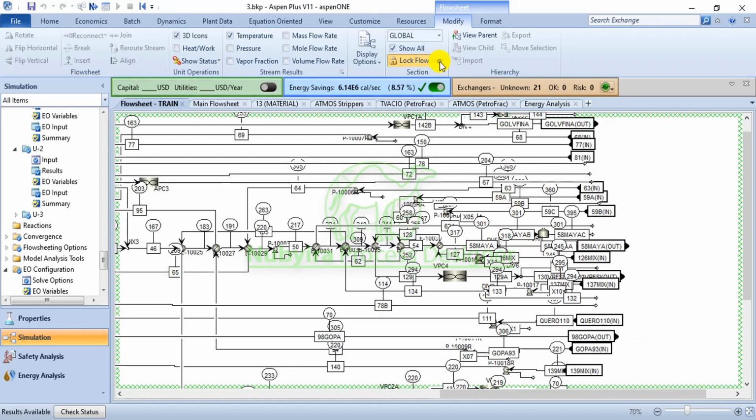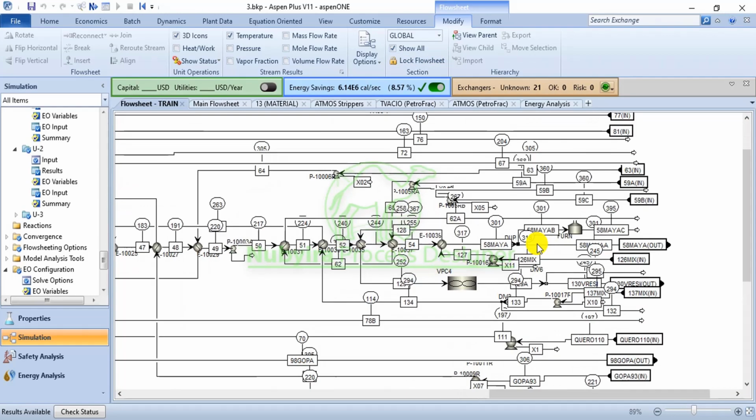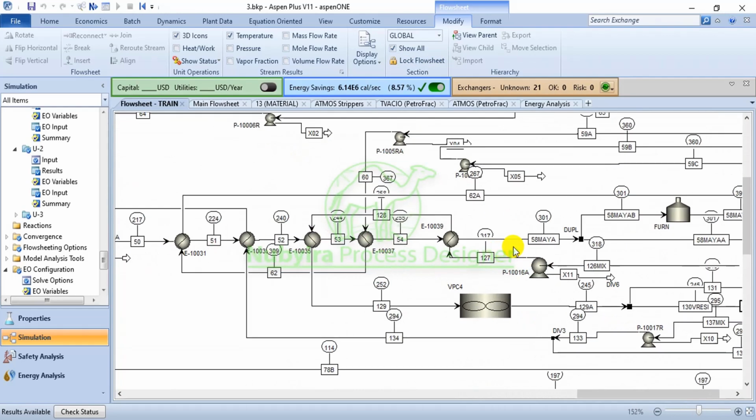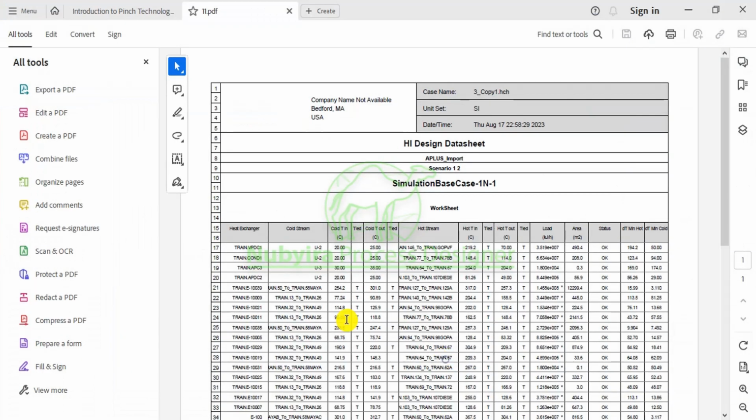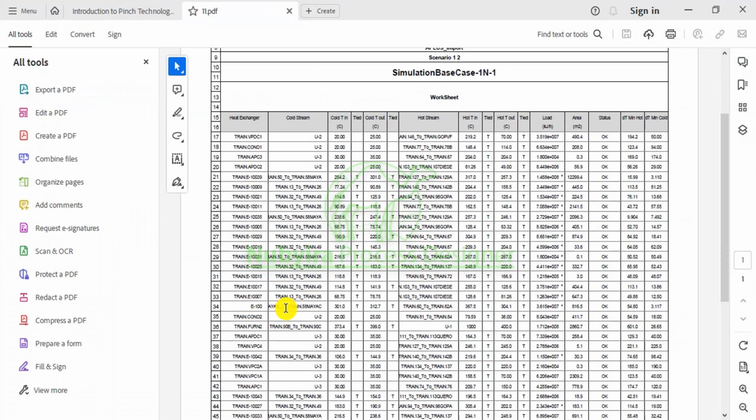In the flow sheet, just unlock the flow sheet. Then the first thing is to add the heat exchanger. Let me add the new heat exchanger, which is heat exchanger 100. I'm going to add this upstream of this Maya stream, and for the cold stream, the oil stream is going to be stream 60 to 62A. You understand?